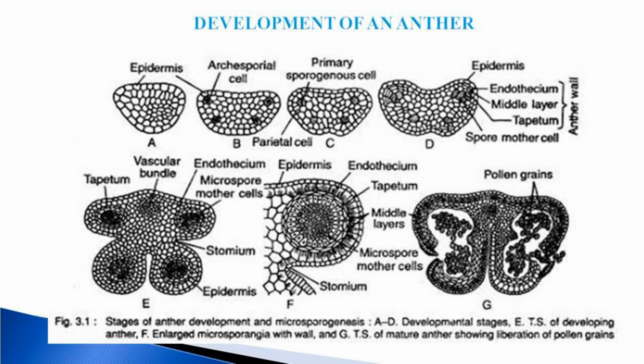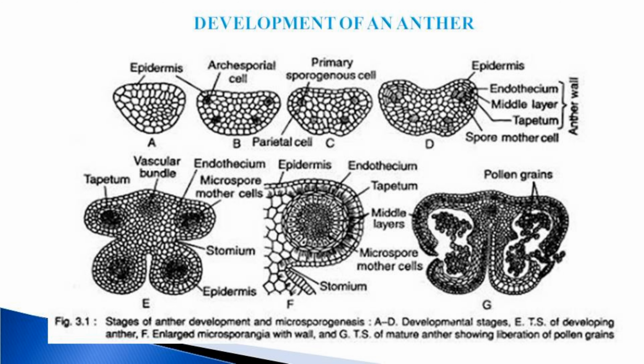And each archisporial cell then divides to form primary parietal cell towards the epidermis, that is towards the outer layer, and the primary sporogenous cells towards the inner region.